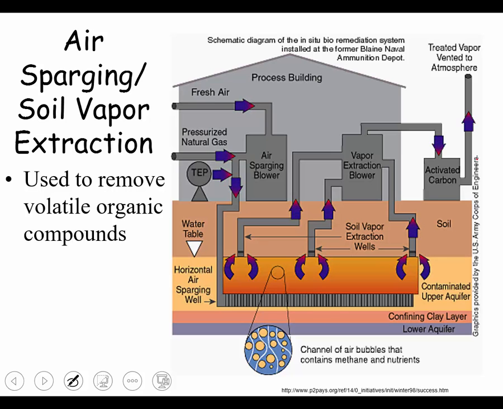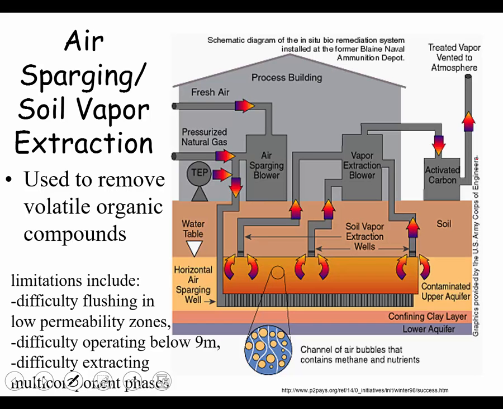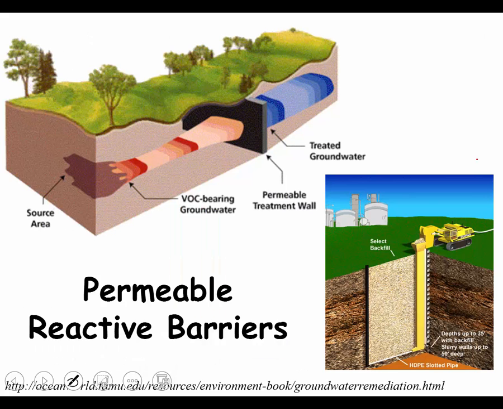Then we treat it with activated charcoal so that we can get rid of the volatile organic compounds that way. Okay, it has some disadvantages too, so we'll leave it at that.